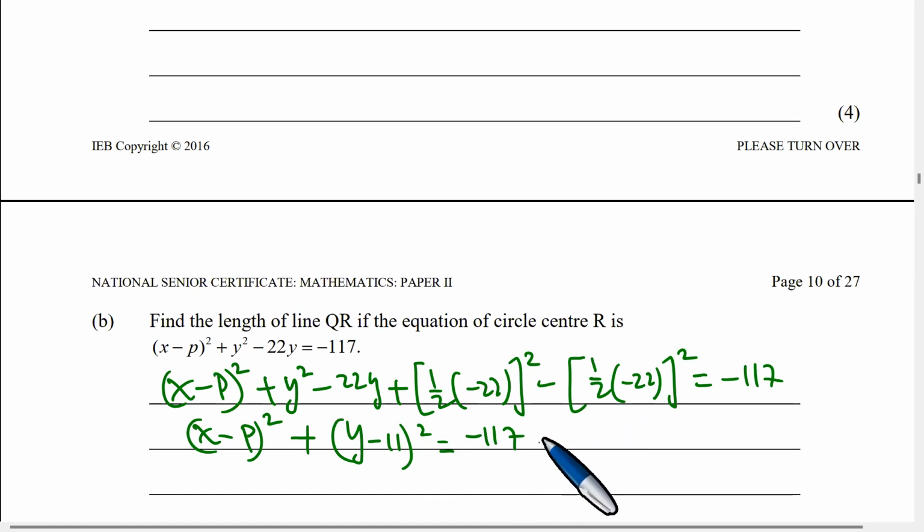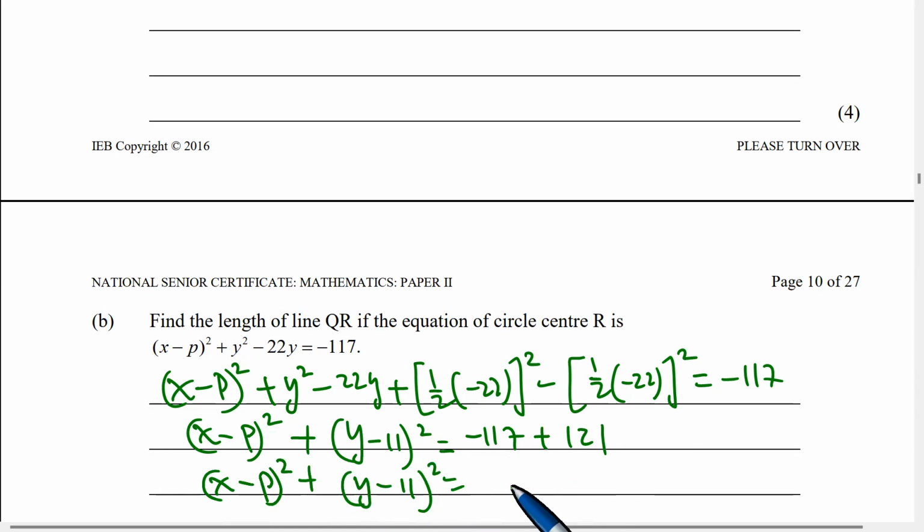Squaring 11 gives plus 121. So this is (y minus 11) squared, and 121 minus 117 gives us 4. So that gives us the equation of the circle center R.